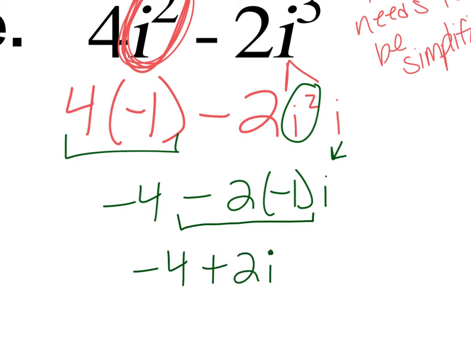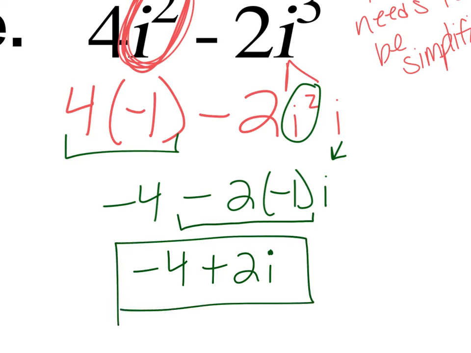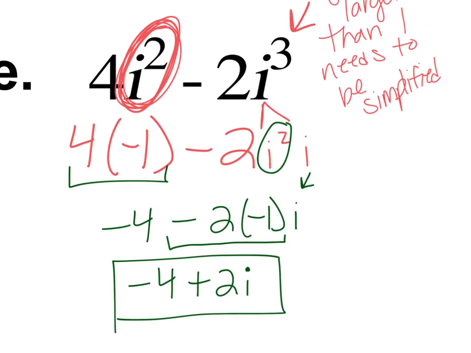And as long as I doesn't have an exponent larger than 1, we're good to go. So if you have any exponents larger than 1, like the 3 here, break it apart into anything that has an I squared with it, because that's what we are familiar with. That's what we know how to simplify.